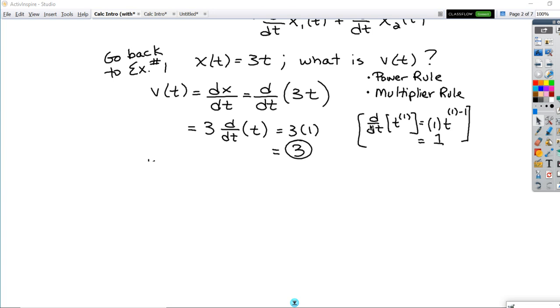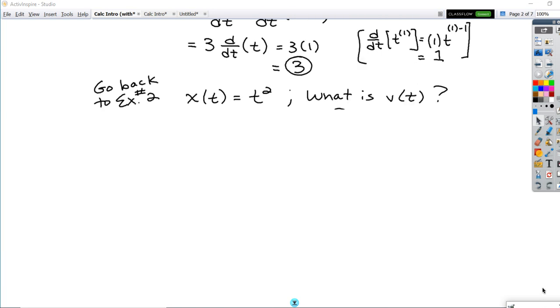That's just like saying the slope of x equals t is 1. So then I plug that back in here. So then I multiply through by the multiplier, like the coefficient here. 3 times 1 is 3. So the derivative of 3t is 3.